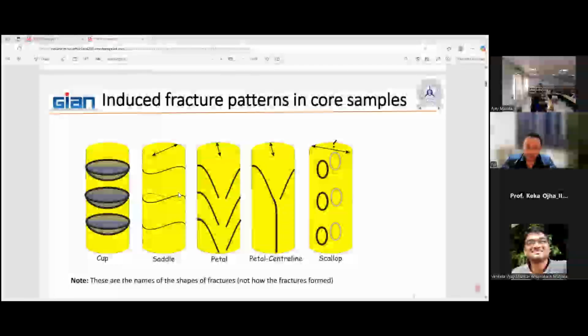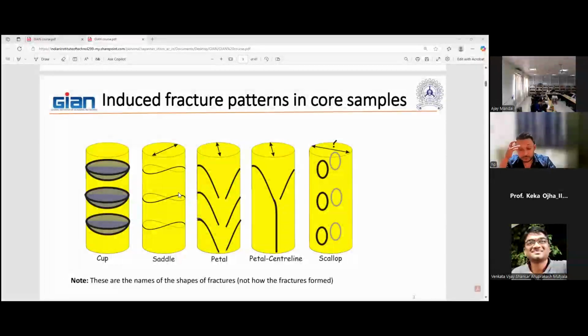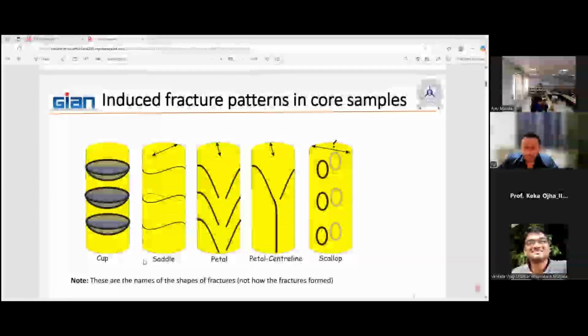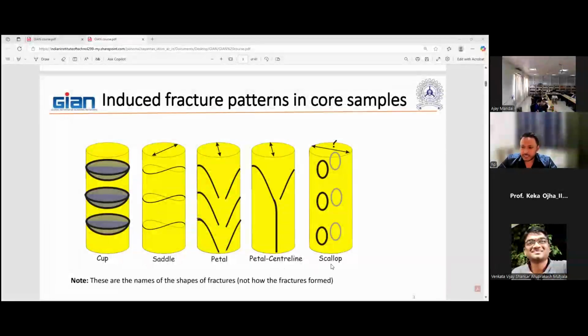During that handling, the shale can get fractured. These are some cartoons of the induced fractures like cup fracture, saddle fracture, petal fractures, petal center line, scallop. I'm not showing you the actual ones, but some cartoons. Sometimes these fractures will occur without this center line.